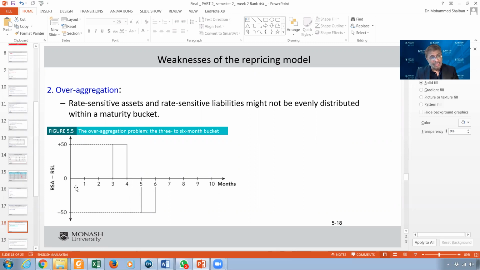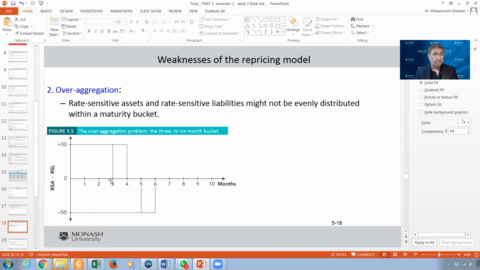While actually inside, because you have 2 months of minus 50 and 2 months of plus 50, we are coming back to risk-sensitive assets minus risk-sensitive liabilities of 6 months. The gap is 0.